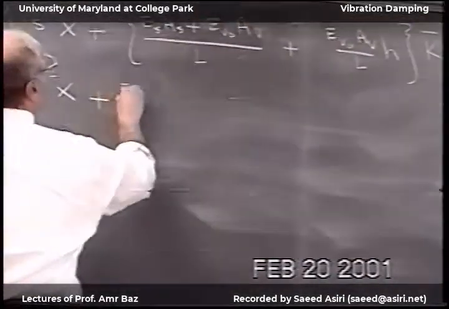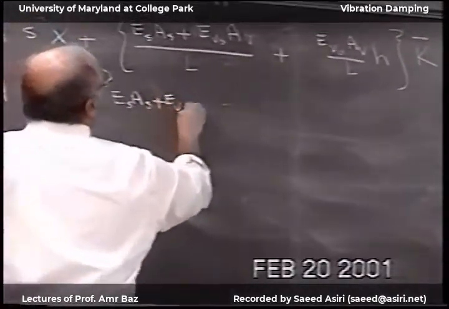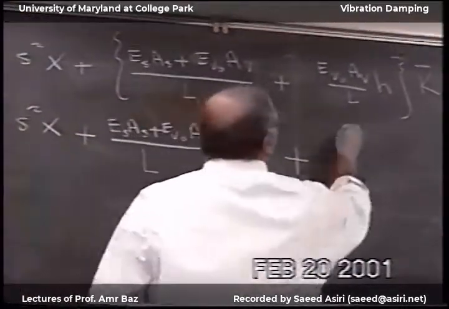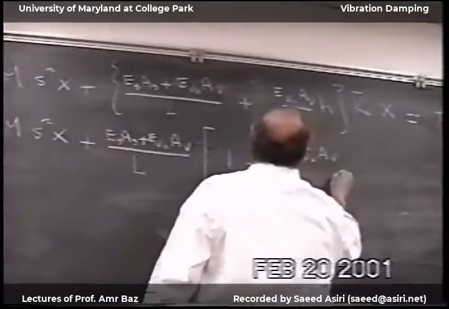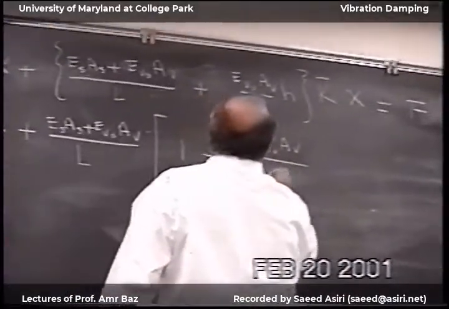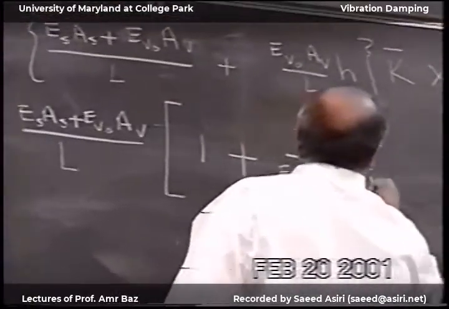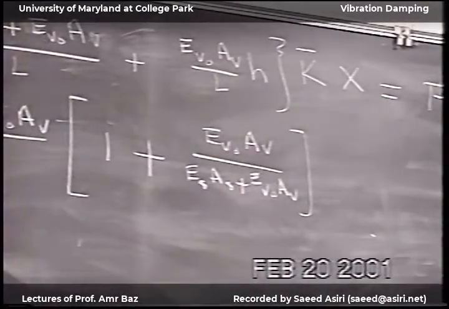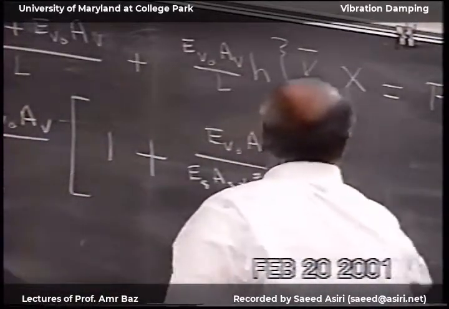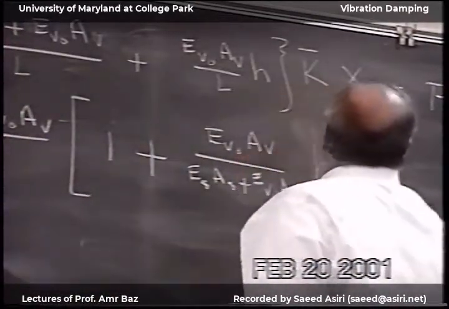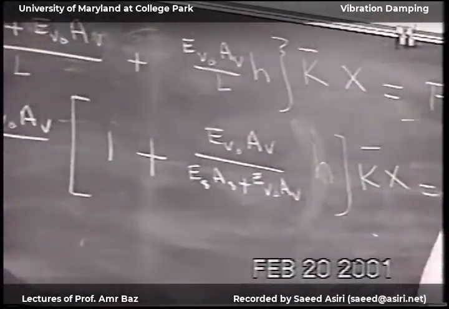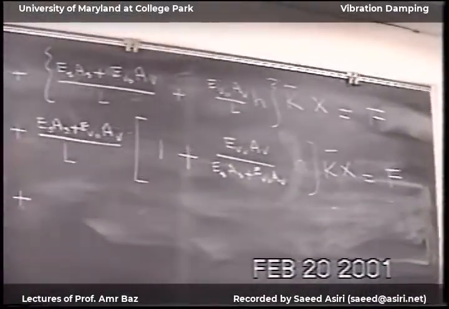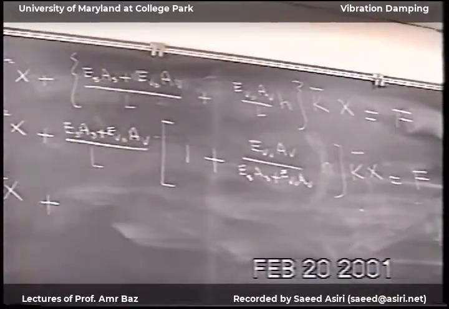I'm going to factor this out, E S, E V0 A V over L. And then I have 1 plus E V0 A V divided by E S A S, E V0 A V times H is equal to F. And now this approach applies to rods, beams, whatever.